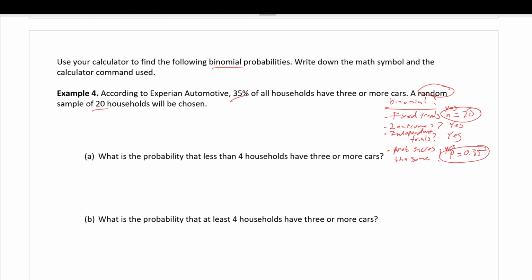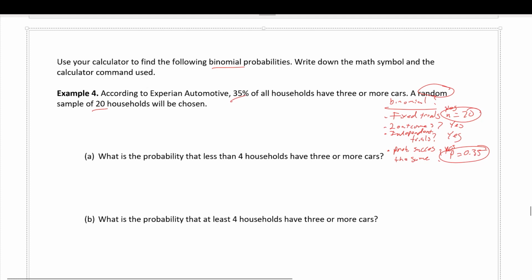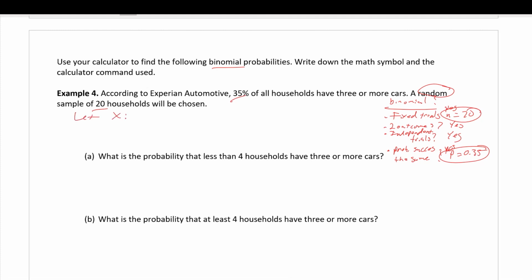Okay. So let's define a random variable x. Let x be the number of households with 3 or more cars out of 20.